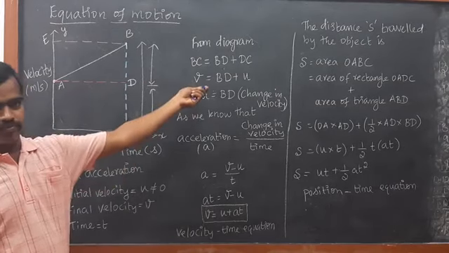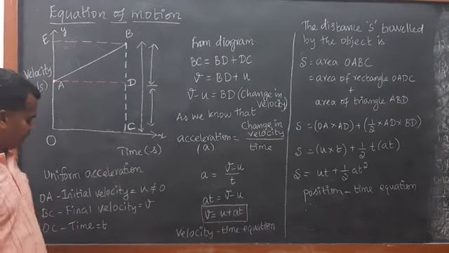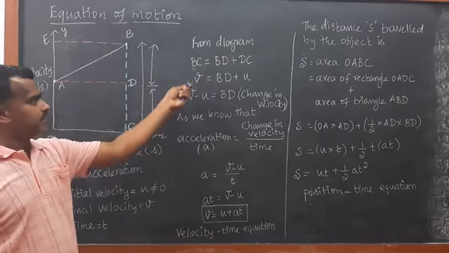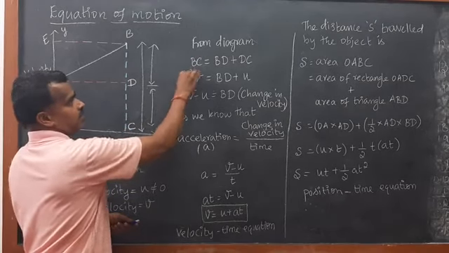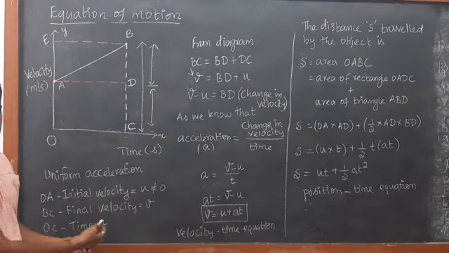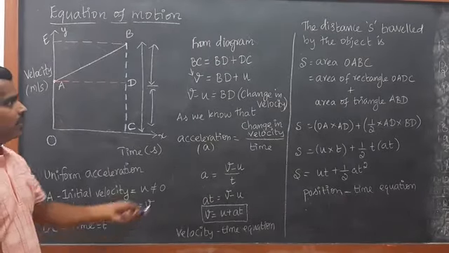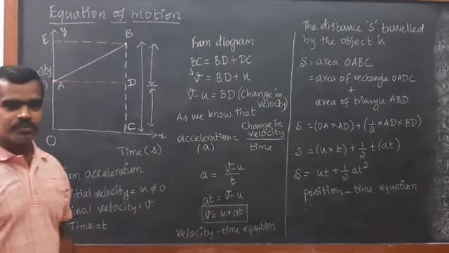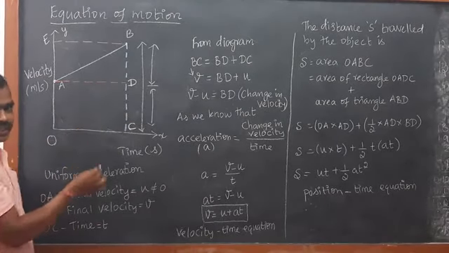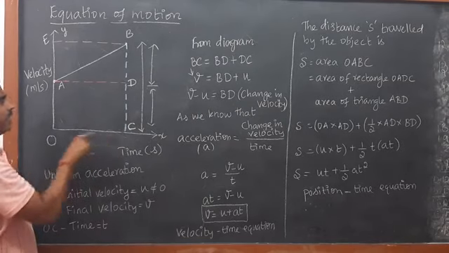So here I wrote it. So what is BC? Here we have said V, right? Final velocity. BC is the final velocity. And BD we don't know, because here we have never written anything about BD, right? But what is DC or CD? So what is CD? This one, right? Yes. So compare this CD and OA.